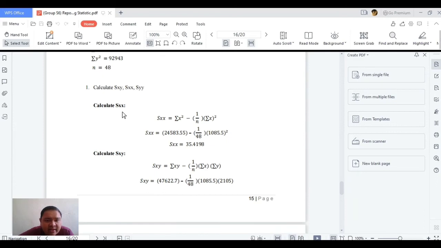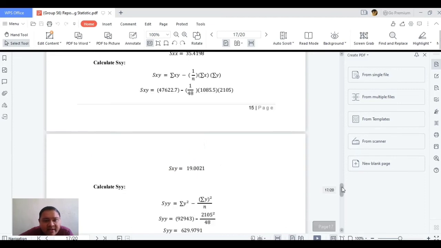Calculate Sxx. Sxx is summation of x squared minus 1 over n times summation of x squared. So Sxx equals 34583.55 minus 1 over 48 times 1085.5 squared. So Sxx equals 35.4198. Then Sxy is summation of xy minus 1 over n times summation of x and summation of y.